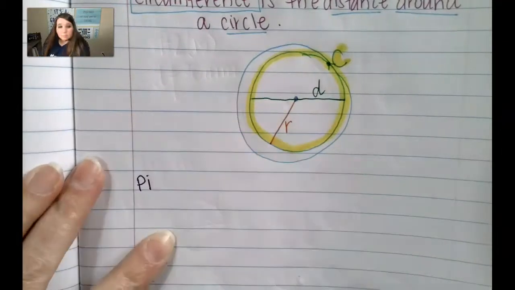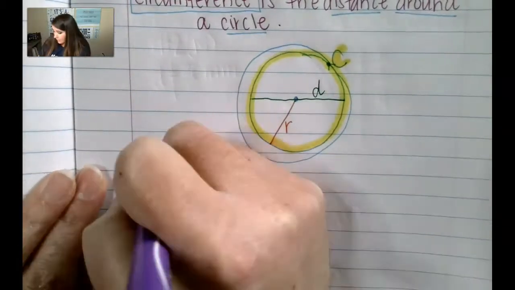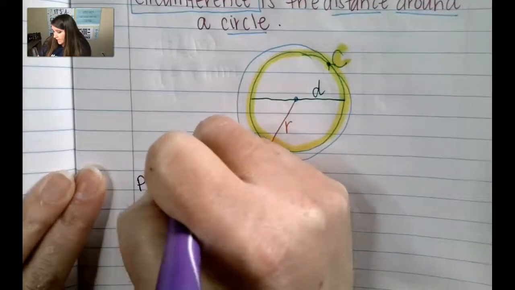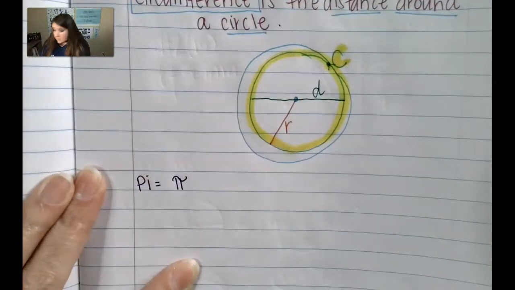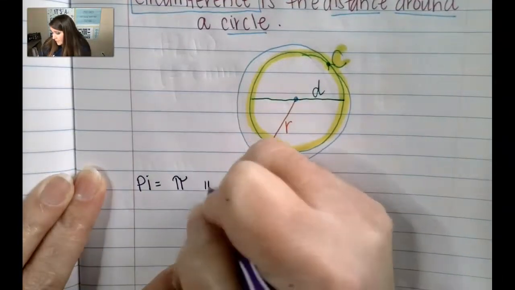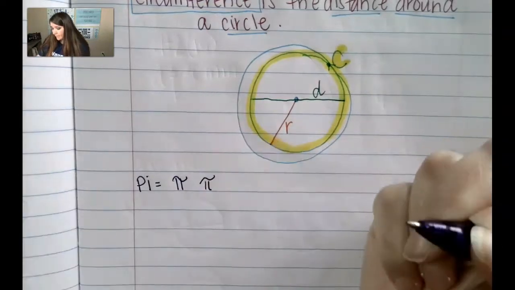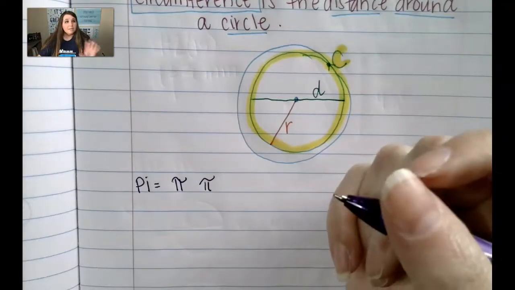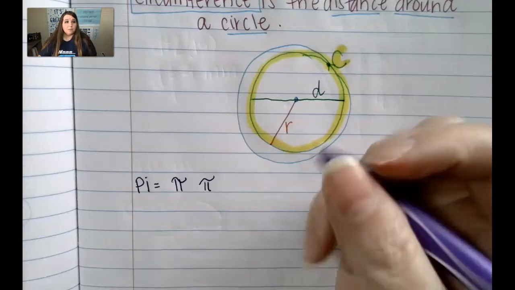It is spelled Pi, and it looks like this. Sometimes they're really fancy and they look more like that. It just depends. They all mean the exact same thing.